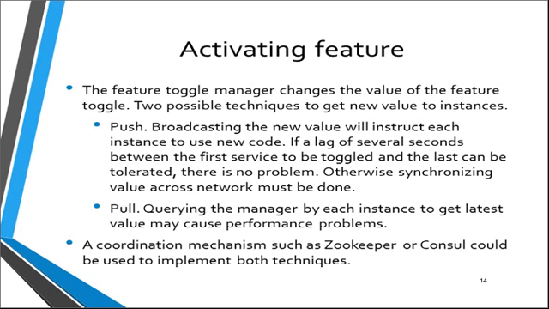The push is inherently asynchronous, and the instance has to listen for it. And there are coordination mechanisms. So something like Zookeeper or Consul could be used either way. Zookeeper has an alert feature, so if the thing is changed, then it would alert all of its clients that a feature toggle has changed.